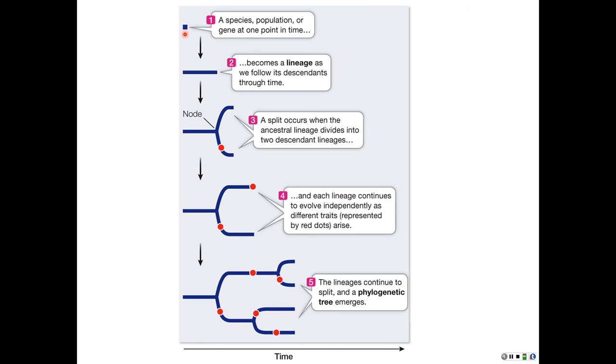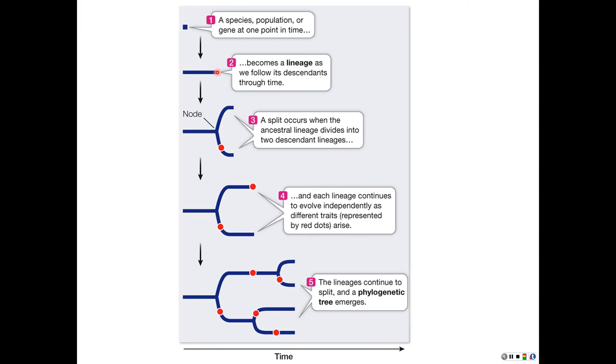And basically this line is trying to say we are following the line of descendants through time, parents, offspring, parents, offspring. So this line is showing us that lineage of that species, population, or gene, following its descendants through time. And we might go along for thousands or millions of years, not changing very much, just having offspring, descendants, parents, offspring, descendants through time. That's a lineage.